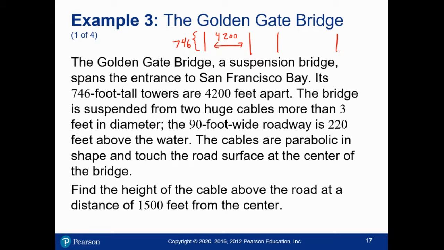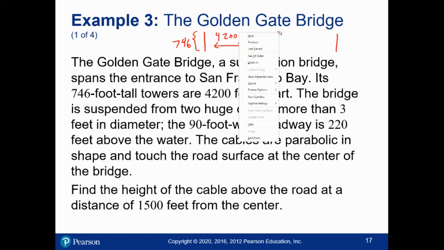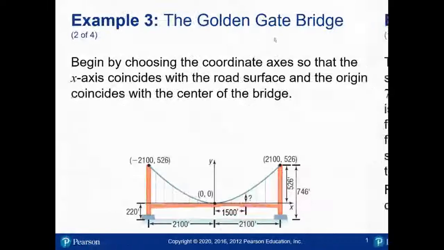So then once I have these towers, there is a parabola that joins, oops, sorry. Oh, well, here's a picture. It's better than mine anyway. So the parabola is going to come down from the towers and touch the road. Okay, so that's what that's supposed to represent.